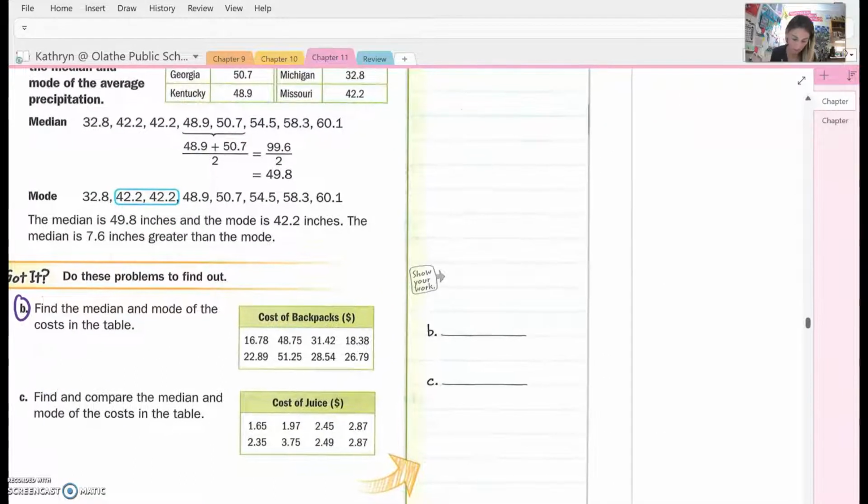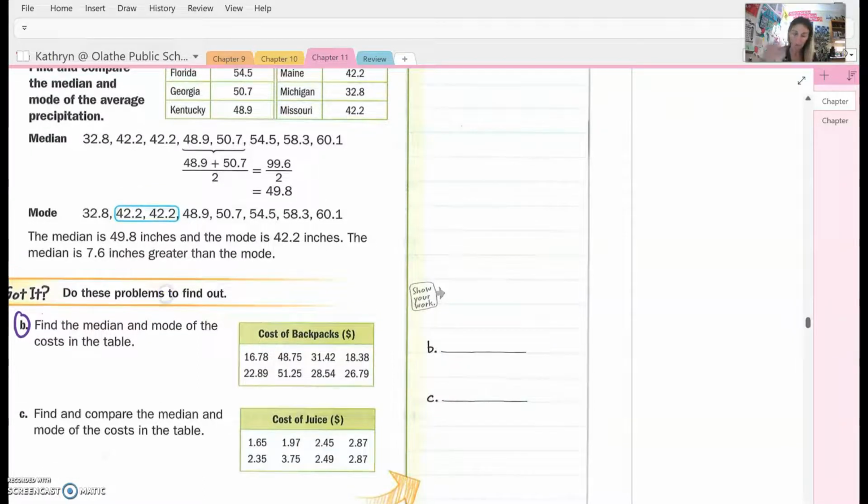Putting them in order from least to greatest, and actually, on this one, since we have so many digits, instead of lining them up horizontally, I'm going to line them up vertically from least to greatest. You can totally do that. I've got room right here rather than going horizontal.